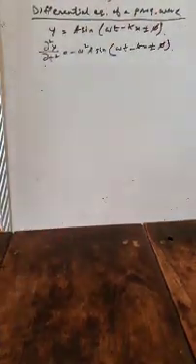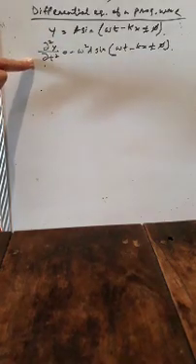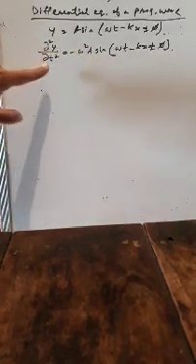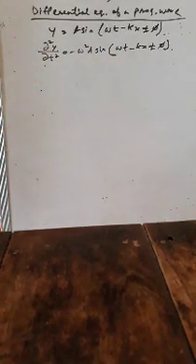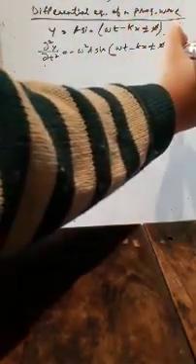We are just differentiating y, the previous equation, with respect to t twice. That's why I've written del square y by del t square. This part is over.